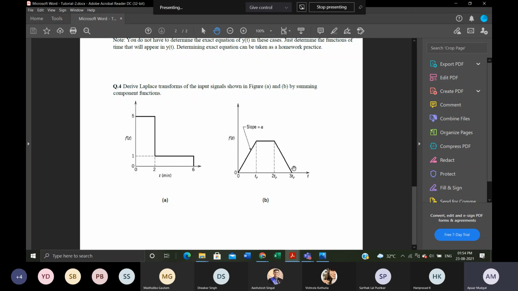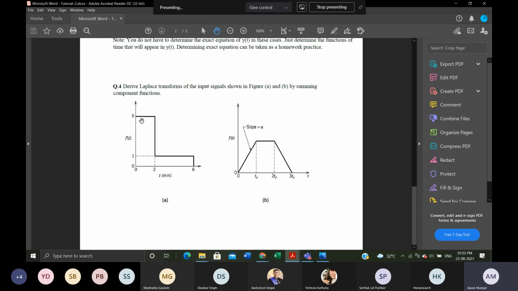In this question you can see two graphs. Just try to simplify these graphs in the form of equations. There are many ways to solve these two types of questions. First is the standard way, and there are other ways also.